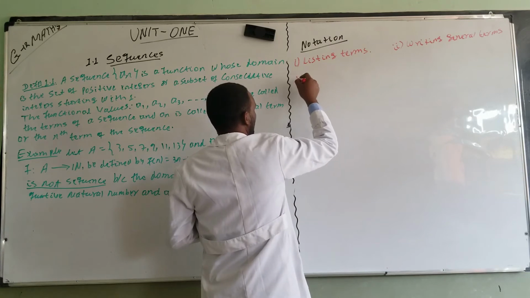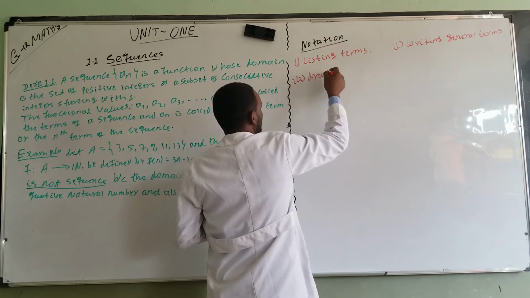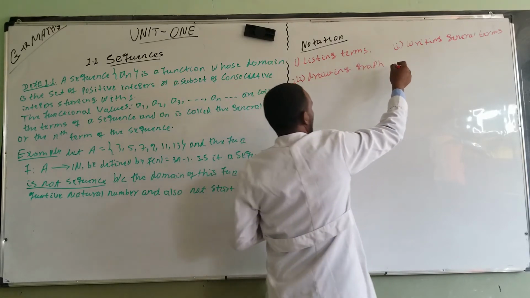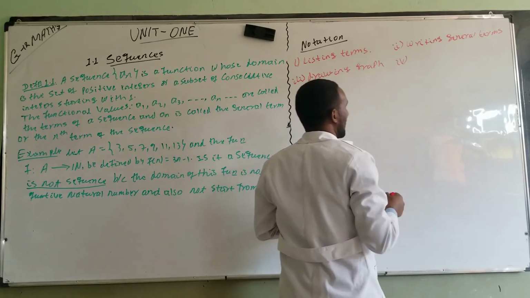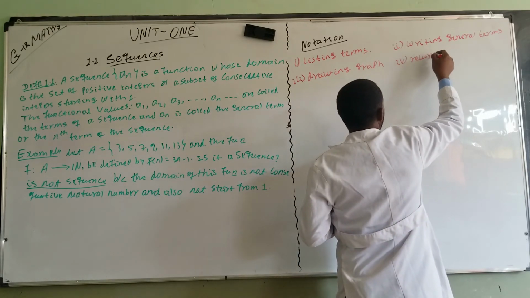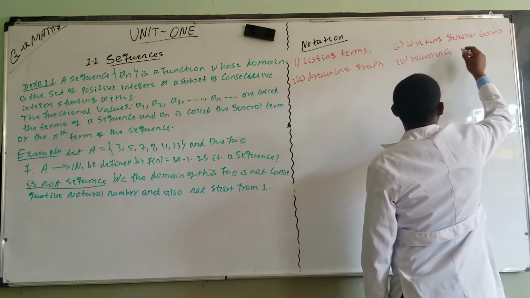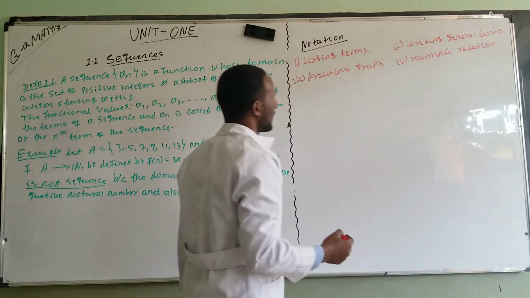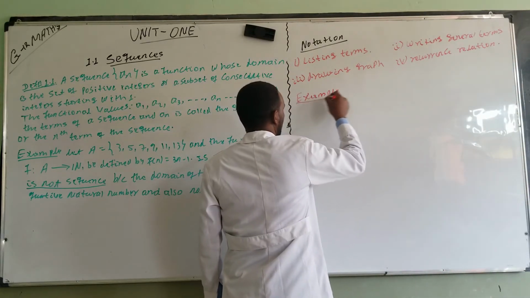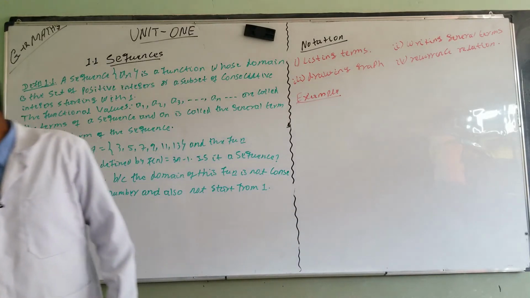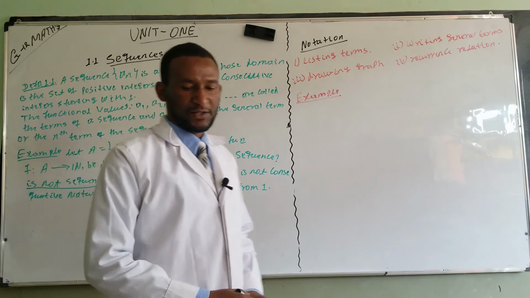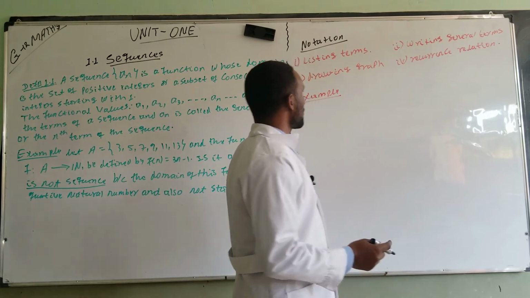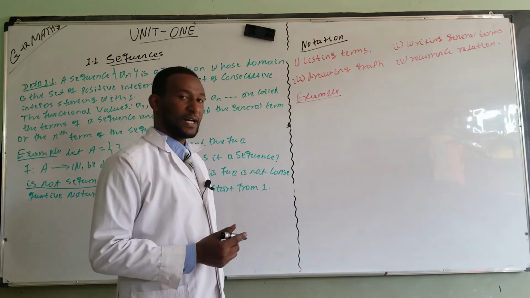The other one is by drawing a graph, and the last one is by recurrence relation. Example: if the sequence is expressed in listing terms, we can express it by writing the general term, by drawing a graph, and by recurrence relation.